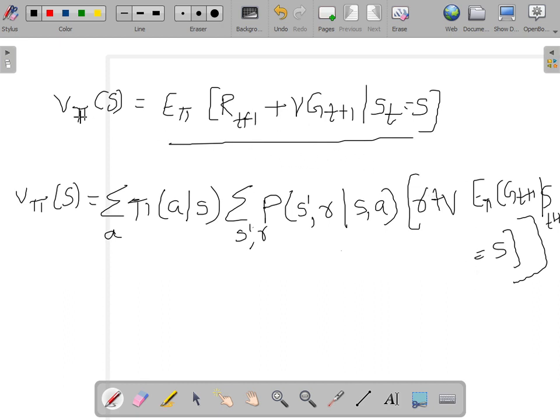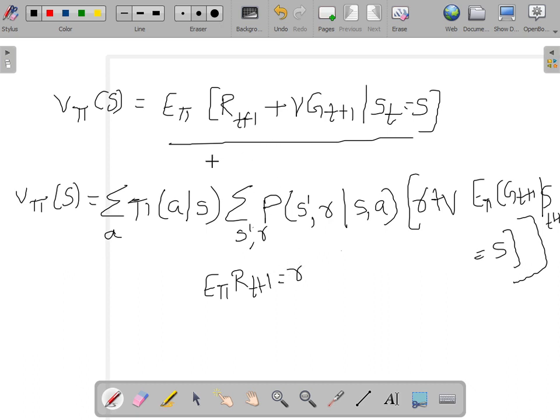Remember, when I take E pi R t plus 1, if I simplify the above equation, E pi R of t plus 1 is actually the reward value, right? So I can write it as r.